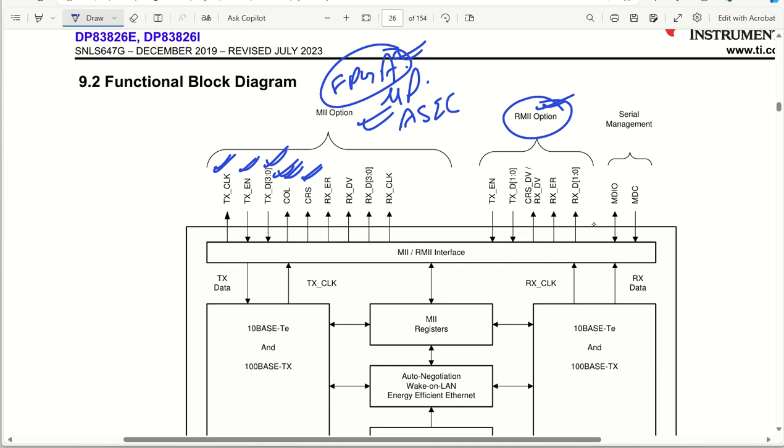Now coming back, this is again going to the FPGA. So you can have two options, one is the MII option, and the other one is the RMII option, which is the reduced media independent interface option.